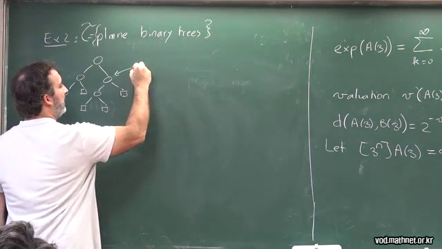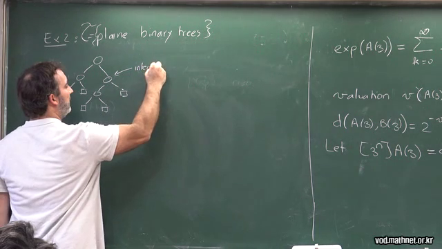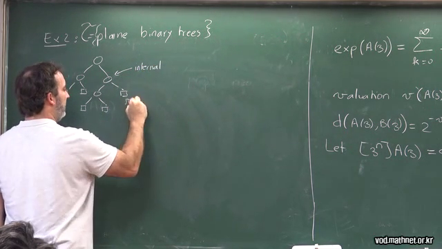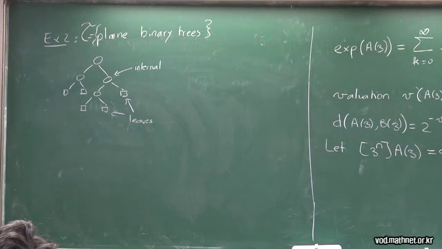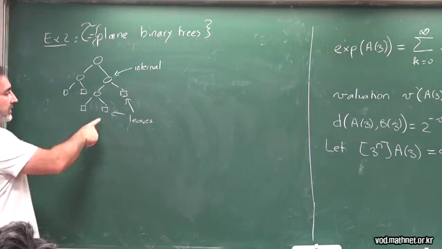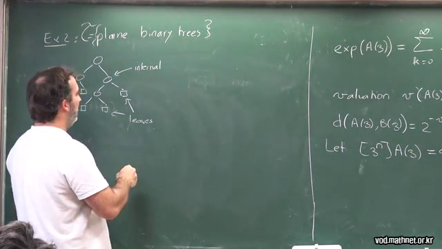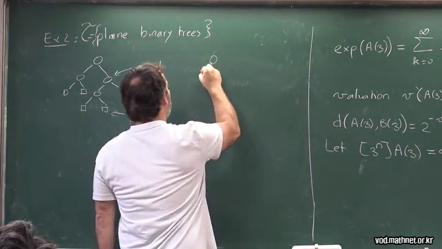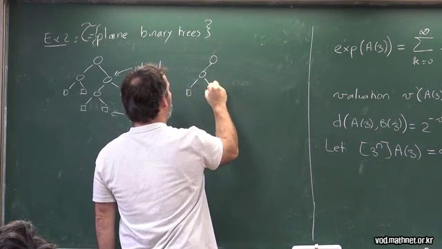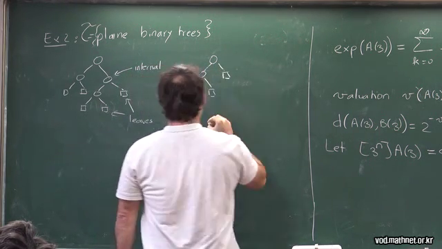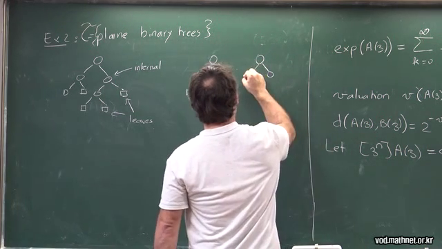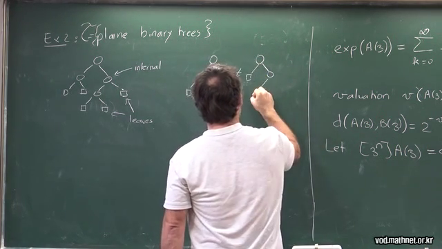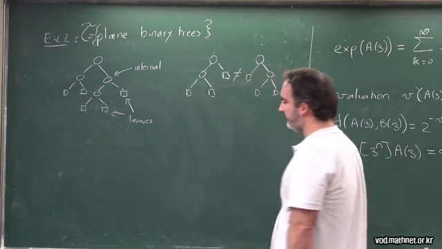The circles, which are internal nodes, and the leaves. And every internal node has two children, and the leaves have none. And also, I consider for counting that there is an order between the left and right child, so these two are different.